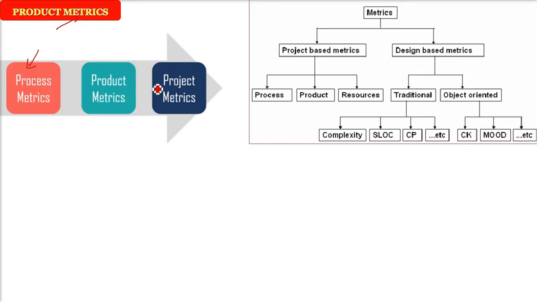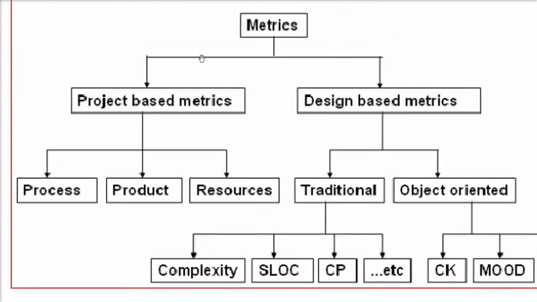So for that project, all the estimations, all the values, empirical discussions, that will come under the project metrics. So what we are going to discuss is that the metrics can be project based metrics, and it can be design based metrics. The project based metrics, as I just showed you, are process, product and resources.